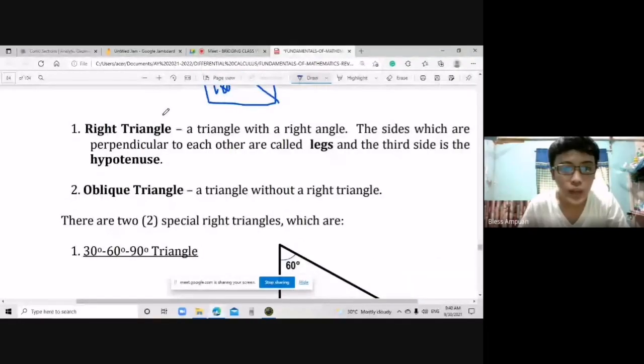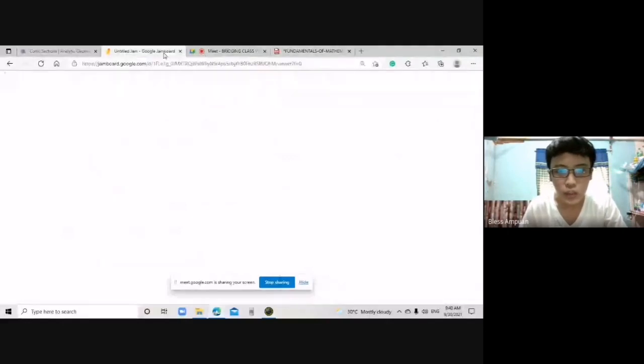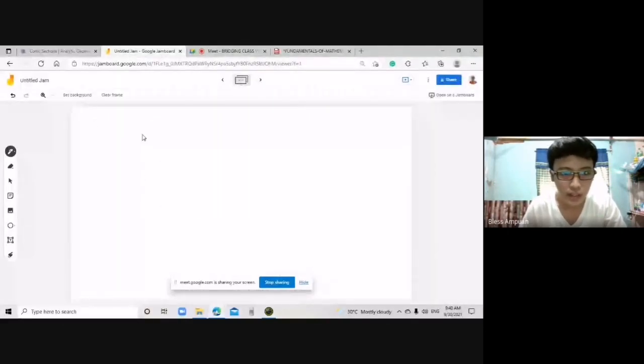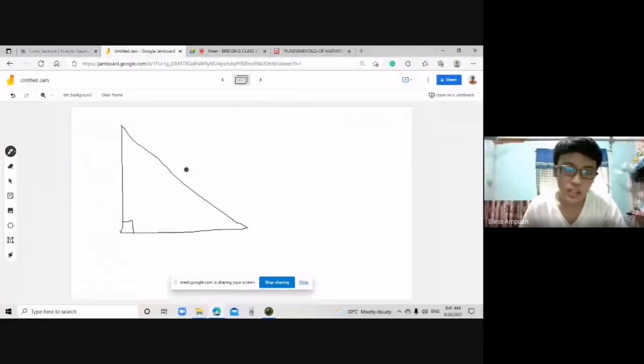So again, a right triangle is a triangle with a right angle. The sides which are perpendicular to each other are called legs, and the third side is the hypotenuse. Okay, so if we are going to draw such a right triangle, like this. Based on the definition of a right triangle, the longest side is the hypotenuse.